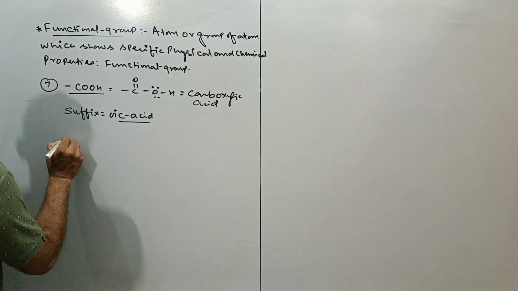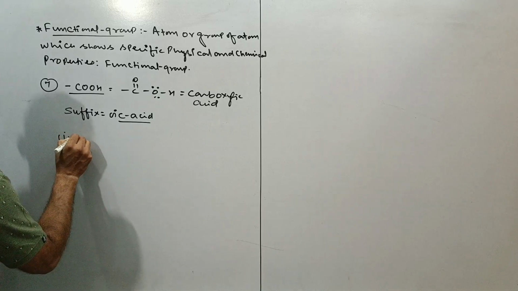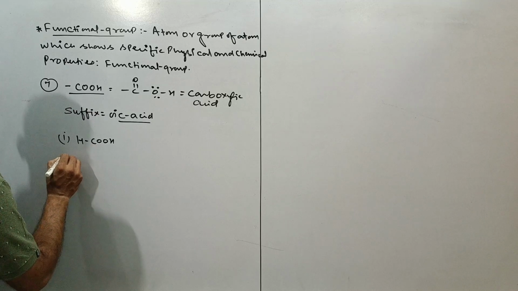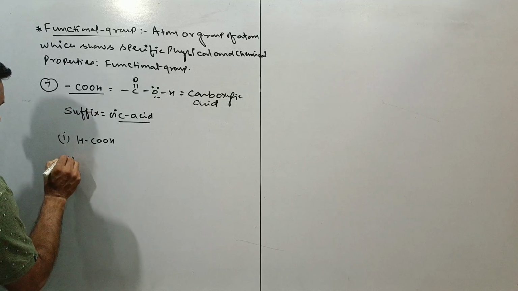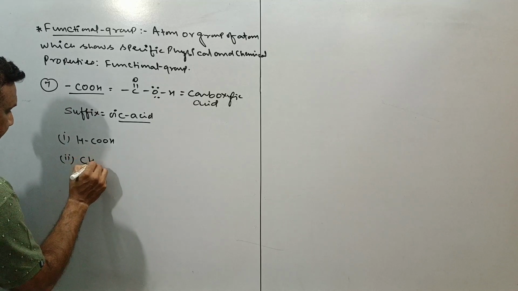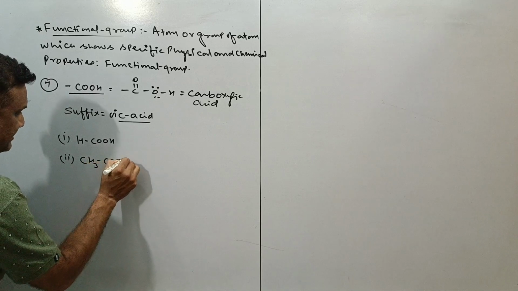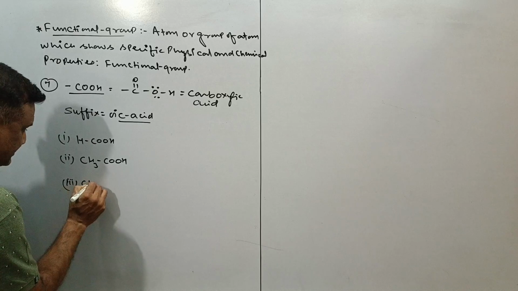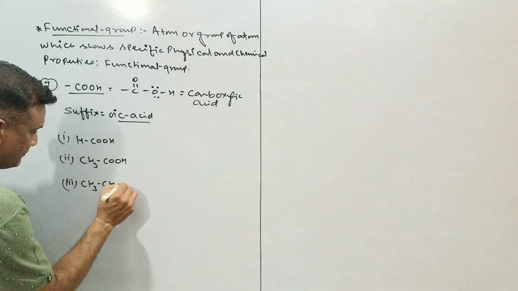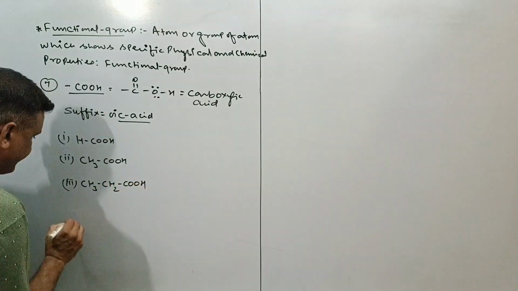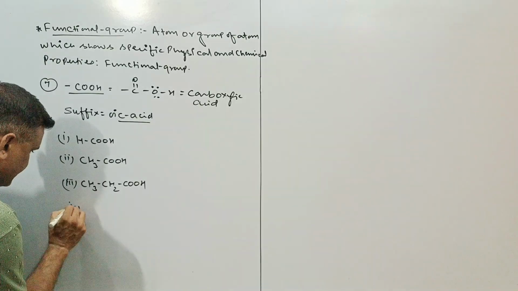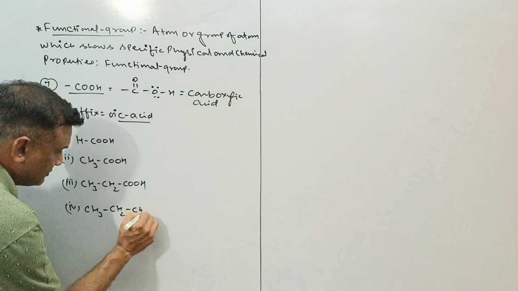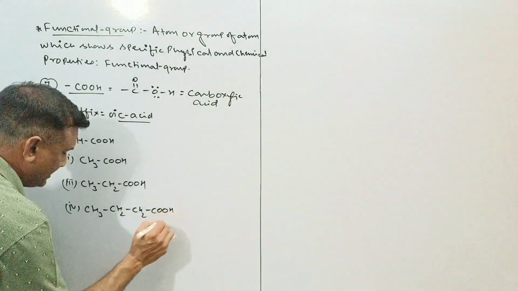So this is the first example as HCOOH. This is the second example, CH3COOH. This is the third example, CH3CH2COOH. This is the fourth example, CH3CH2CH2COOH.